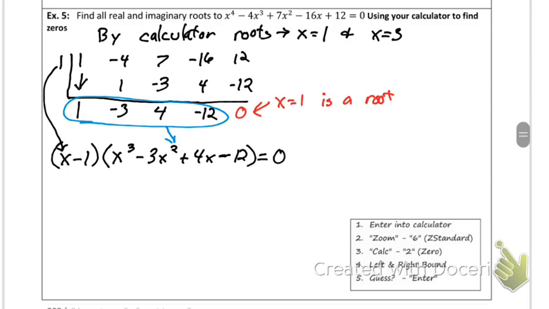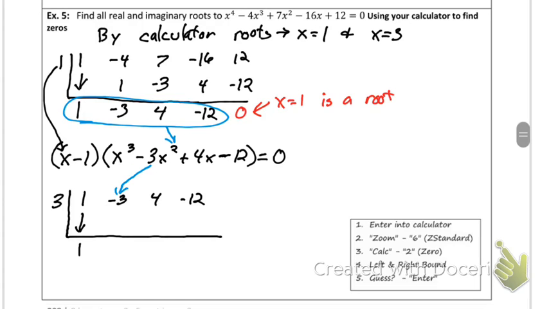So we're going to do one more step here with synthetic division. This time I'm going to bring the 3 in, and I'm going to use these numbers right here: 1x cubed, negative 3x squared, 4x, negative 12, and I'm going to synthetically divide that.